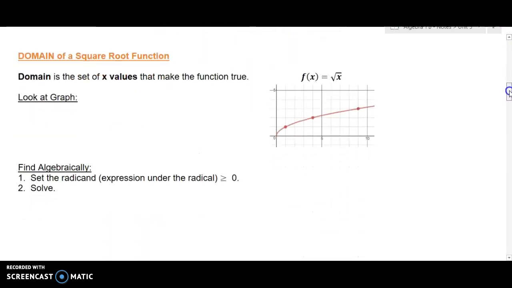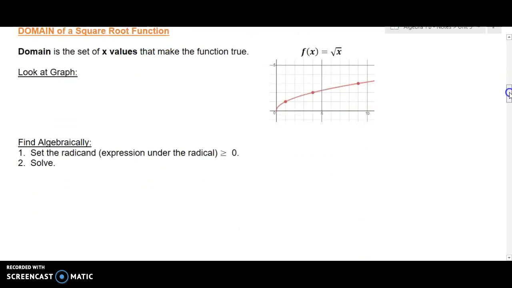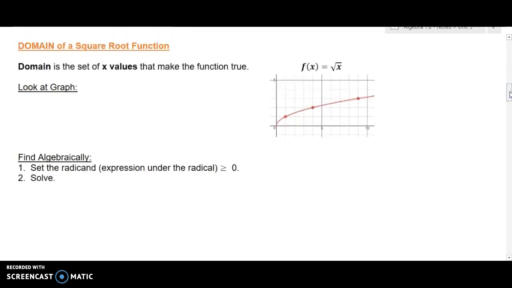So when we talk about any function, we have to start by talking about the domain of the function. So the domain is the set of all x values that make the function true. And we can find this domain two ways. We can find this domain by looking at our graph. So I have the smaller version of the graph here, and our function is still the parent function. So our domain says how wide the graph is.